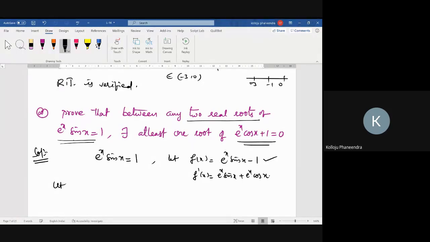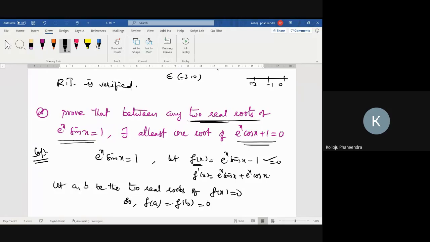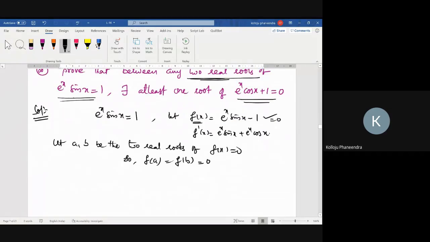And what is the assumption here? Between any two real roots, let a, b be the two real roots of f of x equal to 0. You get f of x equal to 0 if I take 1 here. So f of a equals f of b, because both are roots of f of x equal to 0.